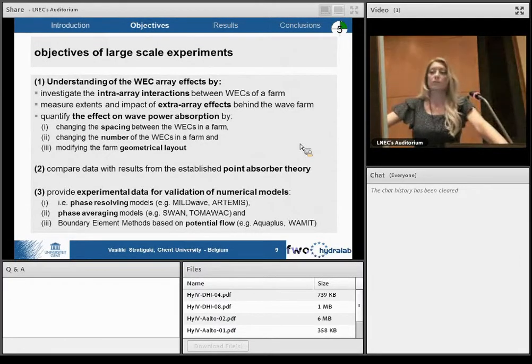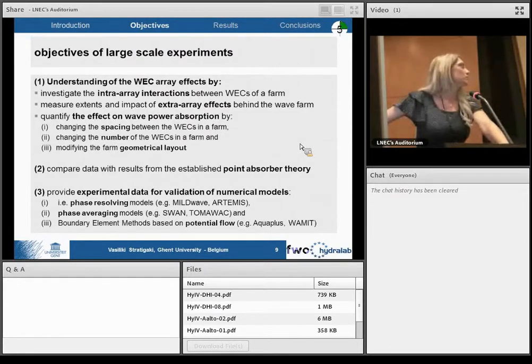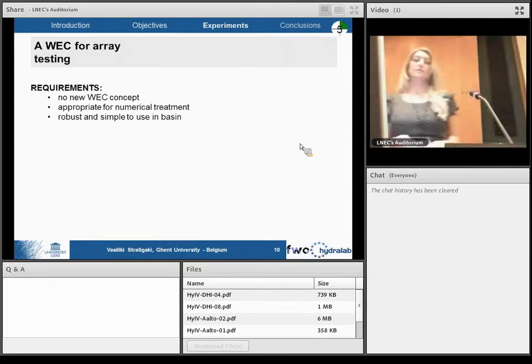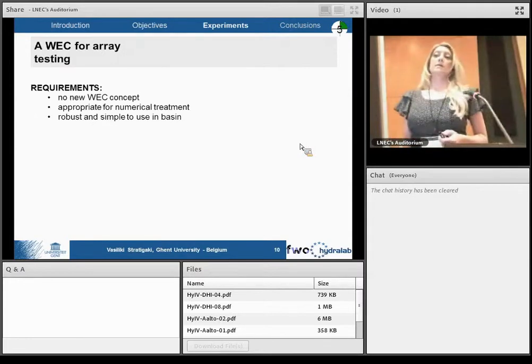It's a point absorber WEC with a simple generic geometry, and it can only heave. It has low-cost construction so that it can be reproduced in large numbers for array testing. It is easy to reposition within an array so that we can test a lot of different array configurations.